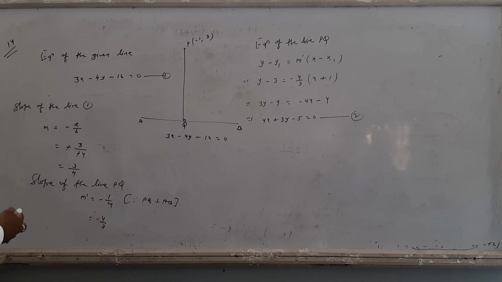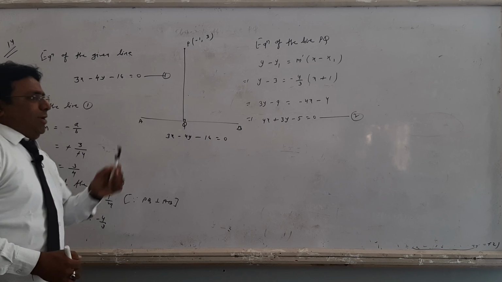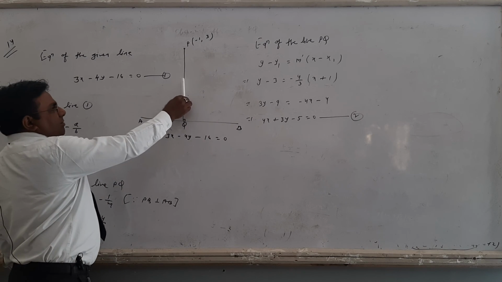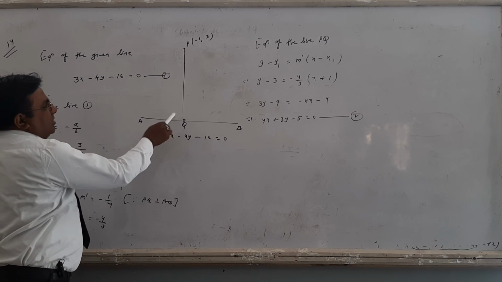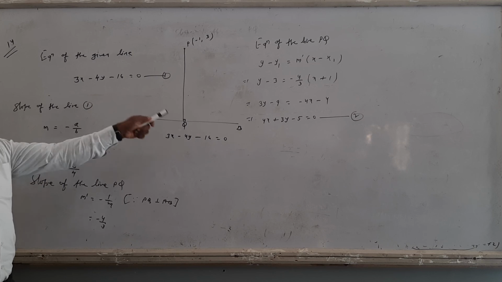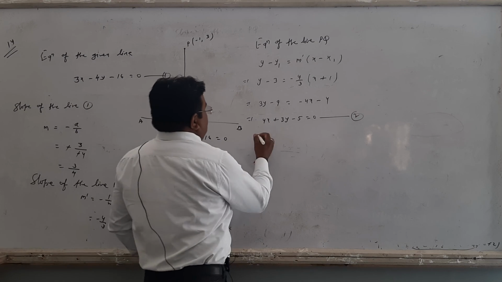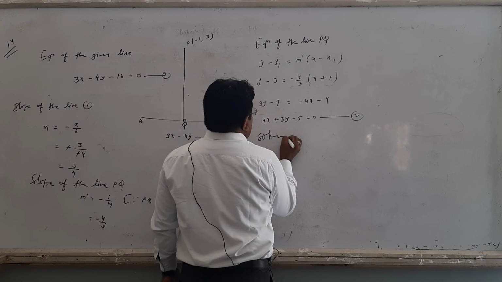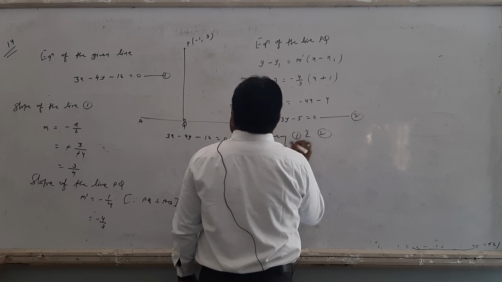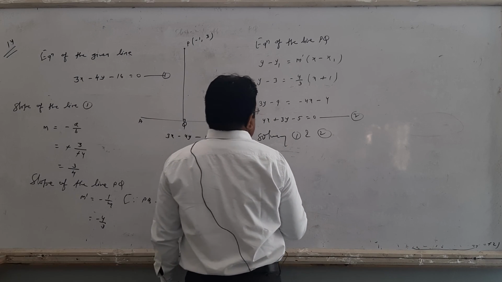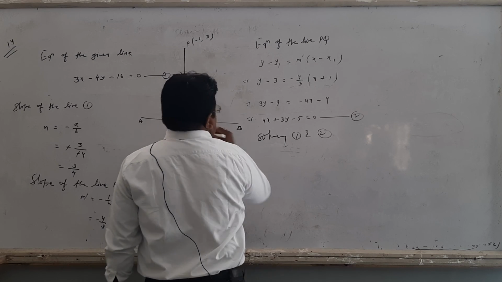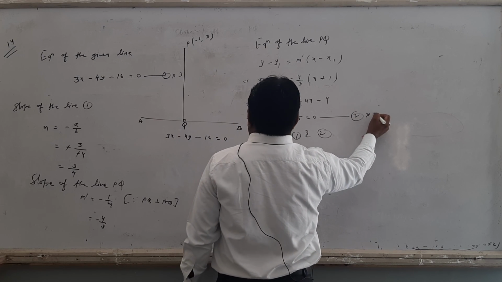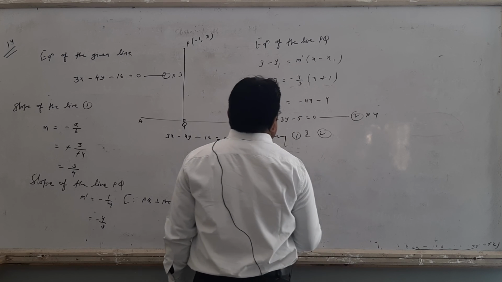This is not the answer. We have to find the coordinate of point Q. I have found the equation of line PQ, the equation of line AB is given, and the intersection point of these two lines is Q. So now solve equations first and second. Equation first is multiplied by 3 and equation second is multiplied by 4 by the elimination method.